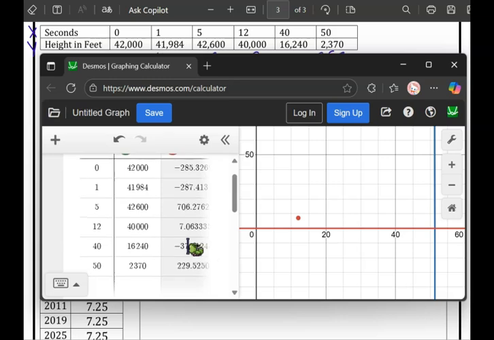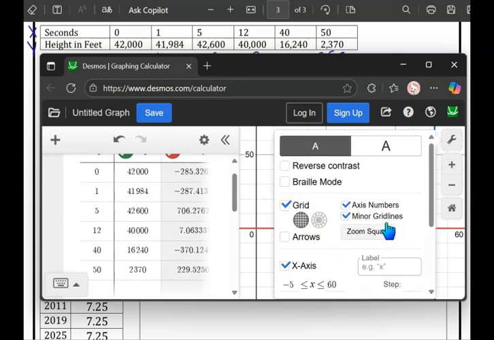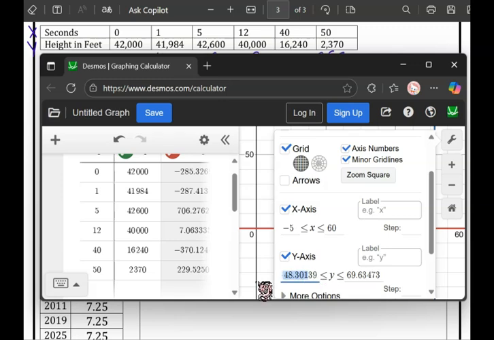And then the y values from 0 to about 45,000.